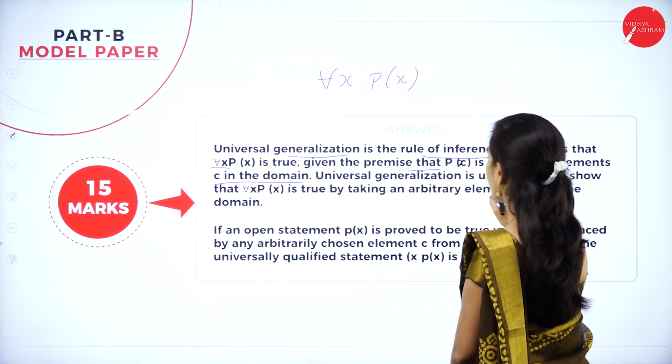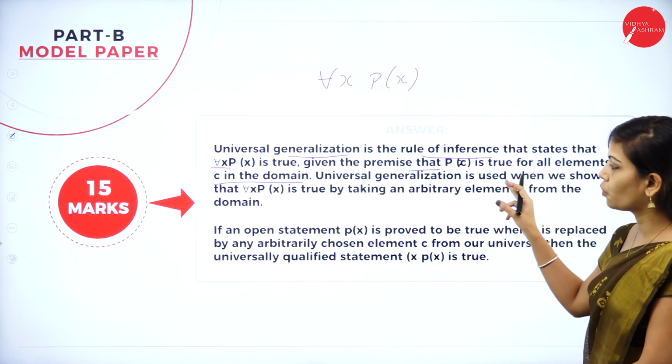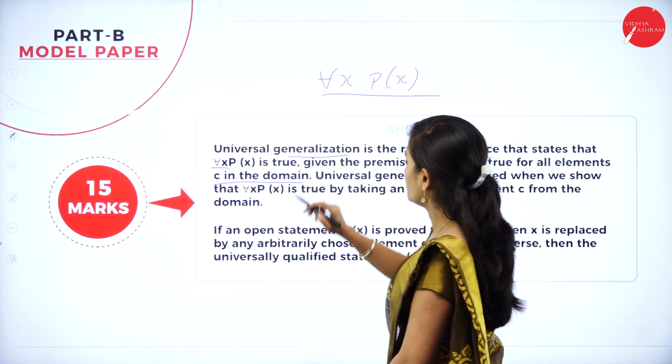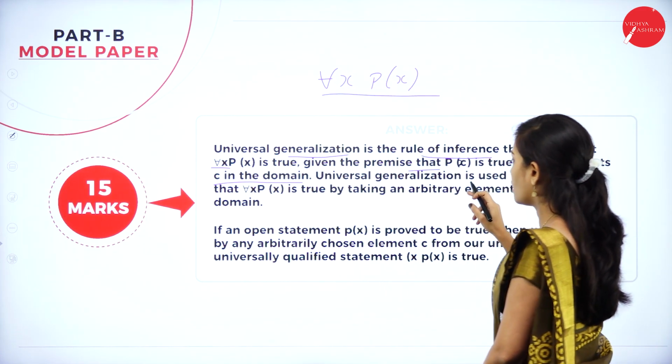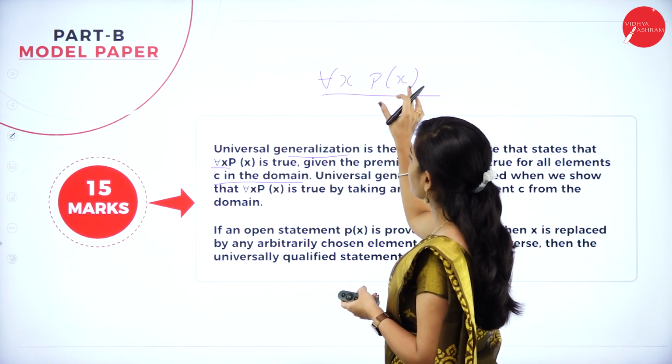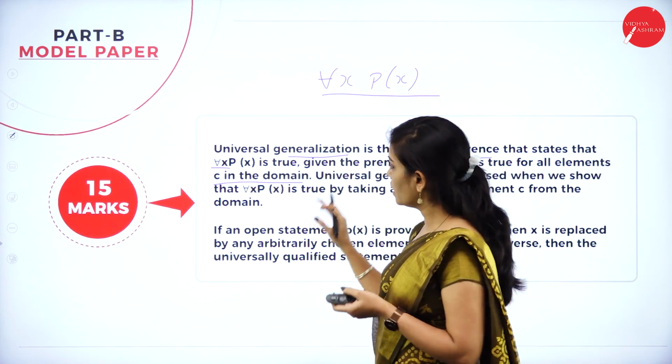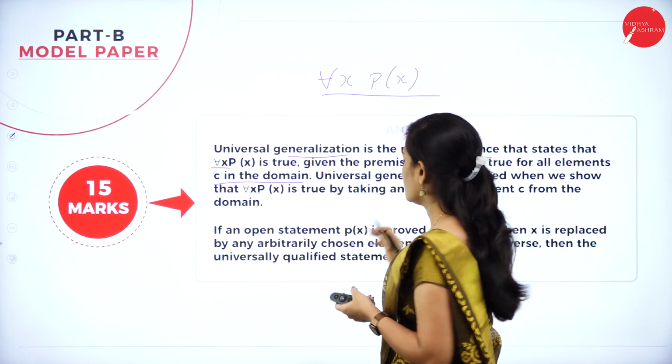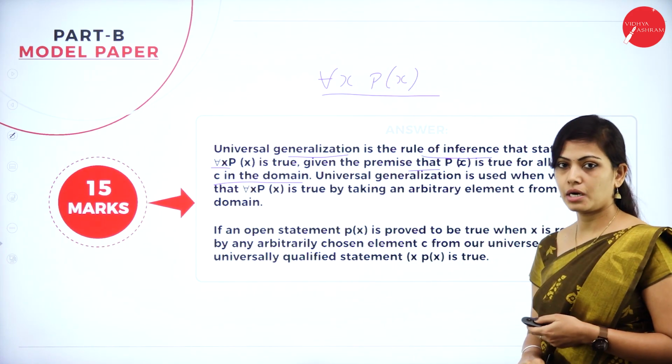Universal generalization is used when we show that for all x, P of x is true by taking an arbitrary element c from the domain. You have to mention this statement in universal generalization. Clear? This is for 3 marks.